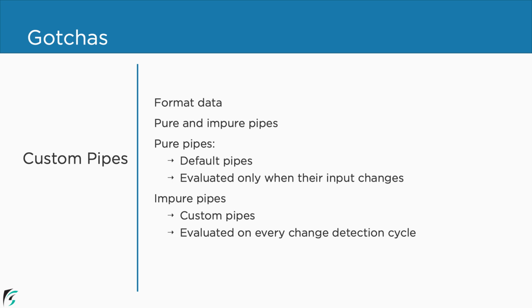They run on every change detection cycle, and this makes them very non-performant. No matter what kind of change happens in the system, all impure pipes are re-evaluated. This can quickly halt an application when not written appropriately. So in summary, pure pipes are simple, whereas impure pipes are very complex.